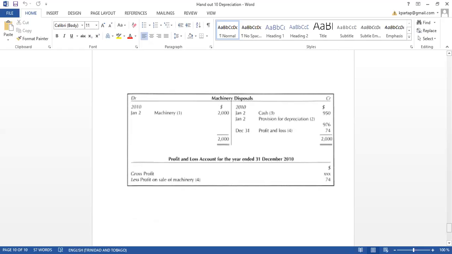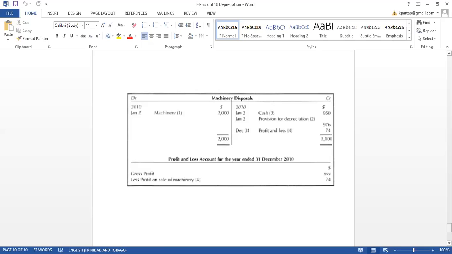That credit entry in the disposal account means that they made a loss of $74. So that credit entry in the machinery disposal is actually going to be debited in your profit and loss. And a debit in the profit and loss means that it is an expense. So it is a loss being incurred here, right?